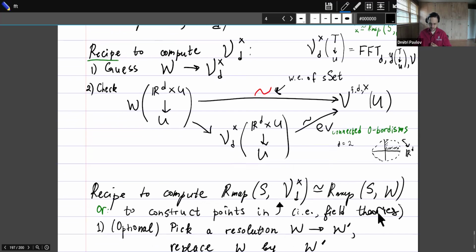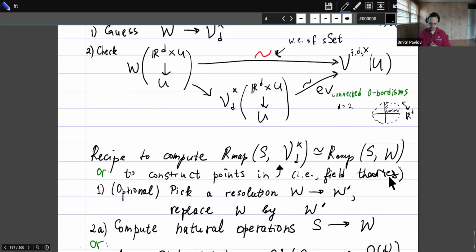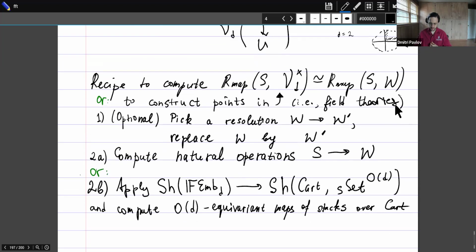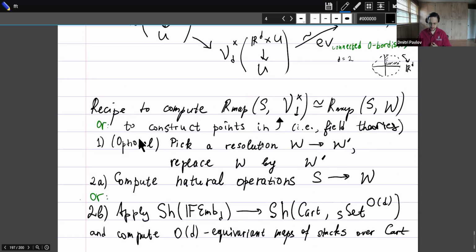And here is a recipe for how you can do that. It's a recipe to do both.